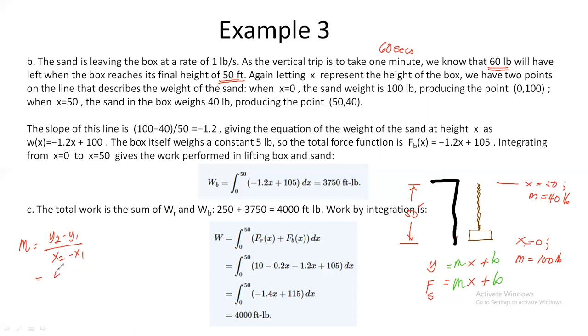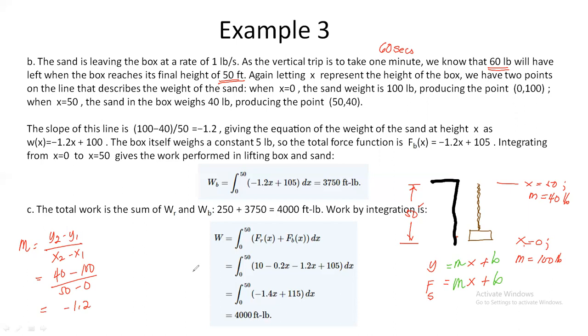Let's say 40 is the end. Beginning is 100. As for X, the X here is 50 minus 0. The manner it's presented here, it's the other way around: 100 minus 40, 0 minus 50. Whichever way you do it, you'll still arrive at the slope which is negative 1.2.